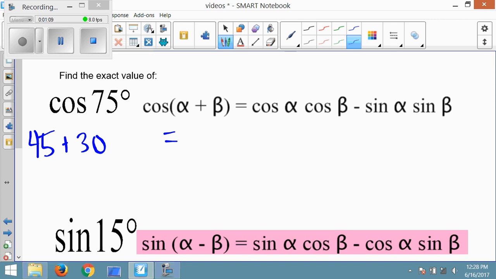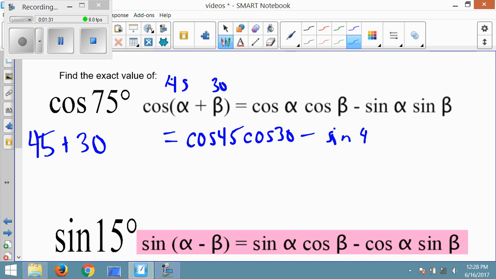can be helpful. So if I treated alpha as 45 and beta as 30, our identity would tell us that we would have the cosine of 45 times the cosine of 30 minus the sine of 45 times the sine of 30, which are angles we actually know.